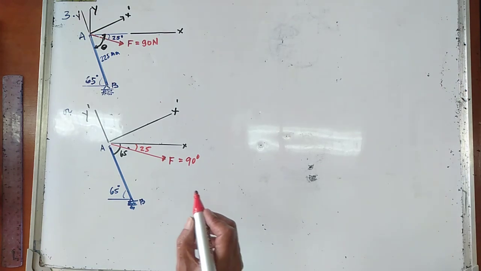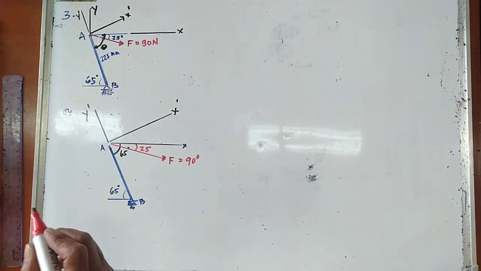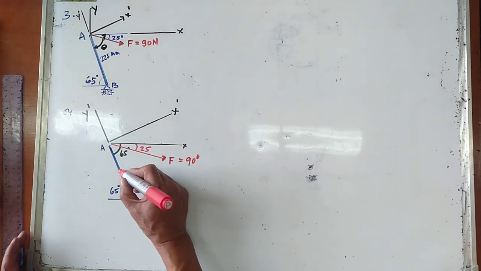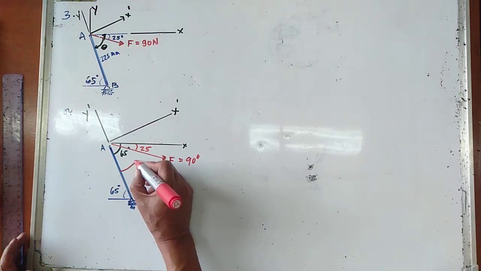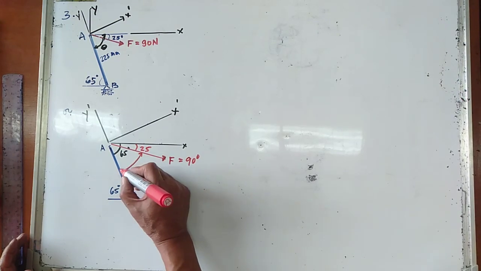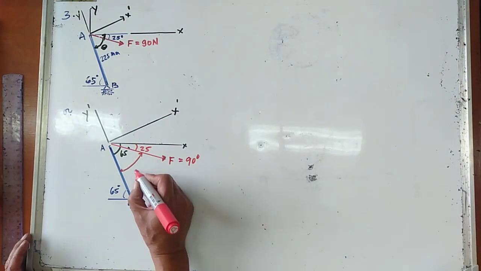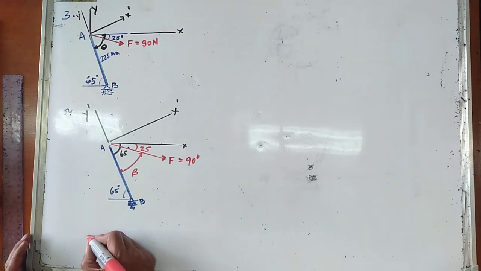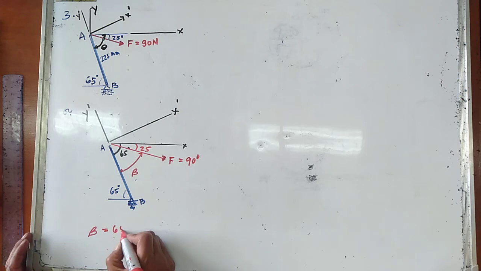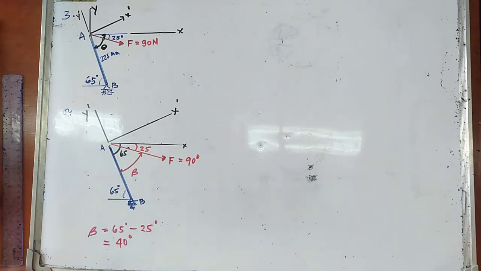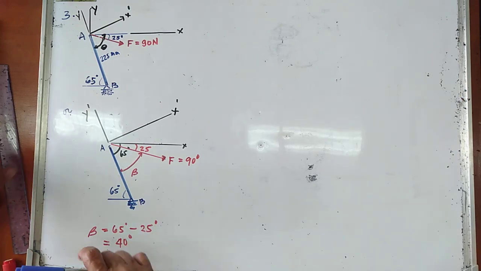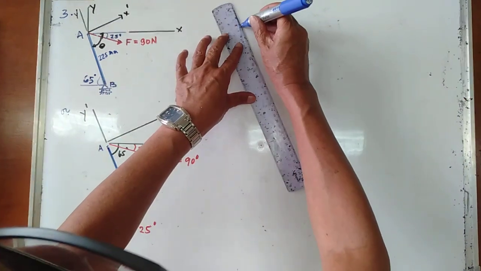If I consider that this angle in here is beta, your beta is equal to 65 degrees minus 25 degrees, and that is equal to 40 degrees. Now, I am going to redraw these axes. So, we have the rod AB, again, this is your rod AB.